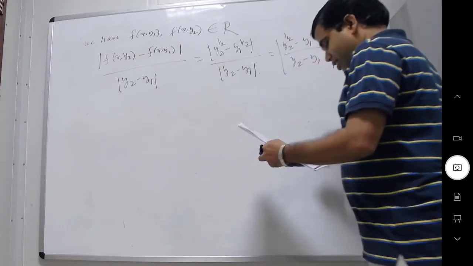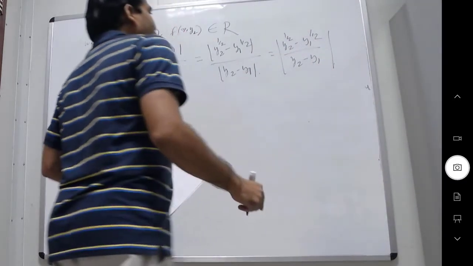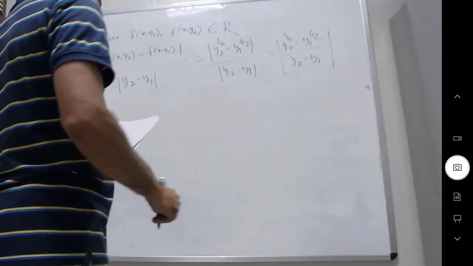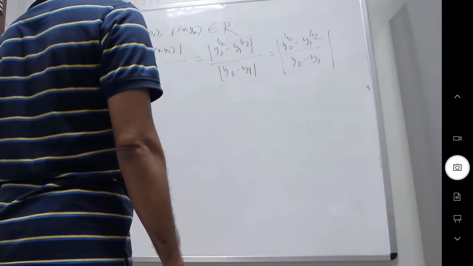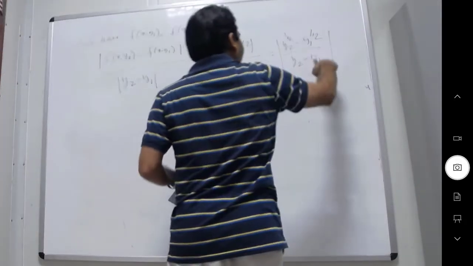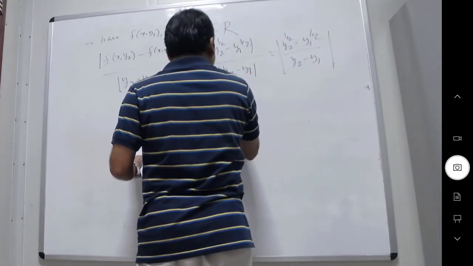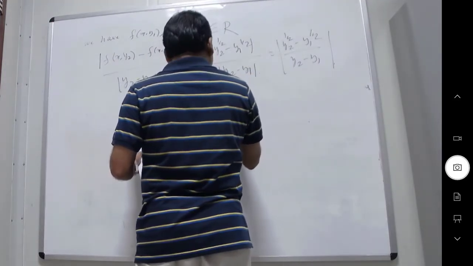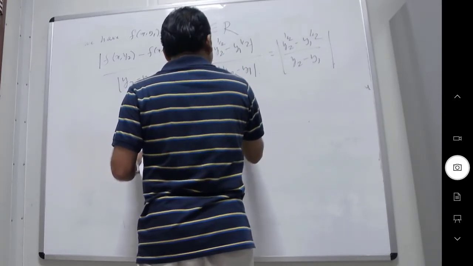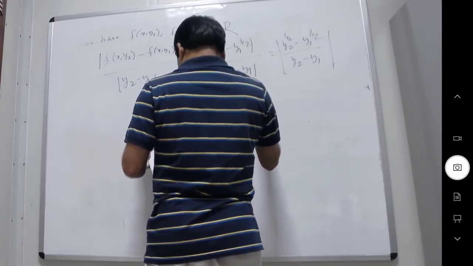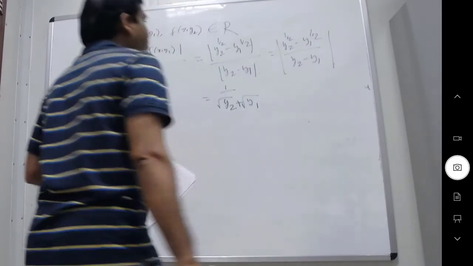If you do this, now multiply numerator and denominator by y2 to the power half plus y1 to the power half, multiply here and here, so you will get 1 by y2 to the power half plus y1 to the power half.